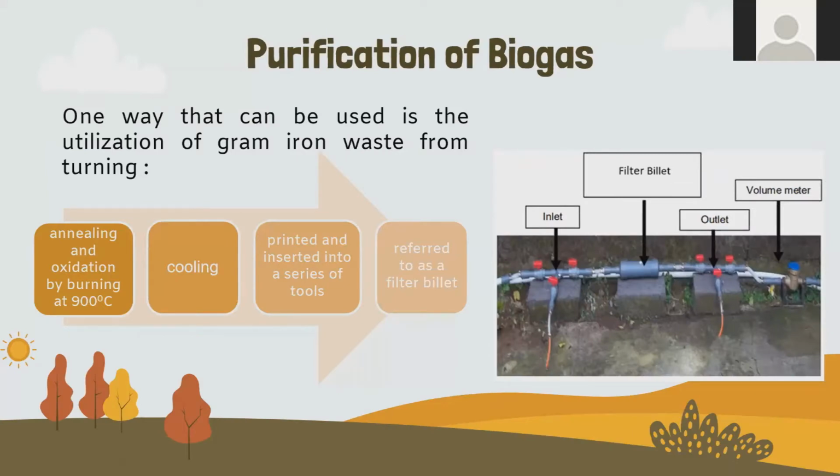Okay, we next turn to purification of biogas from impurities. In biogas production, the biogas is often accompanied by impurities such as hydrogen sulfide.